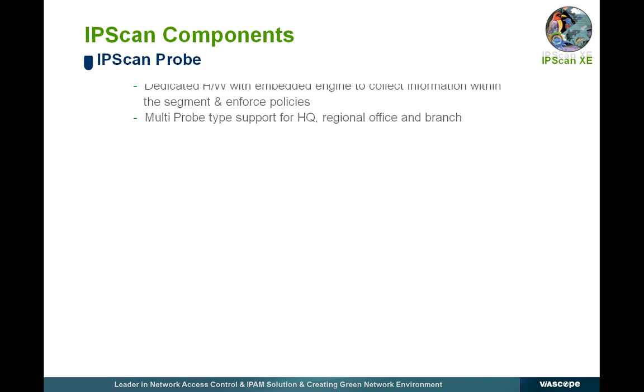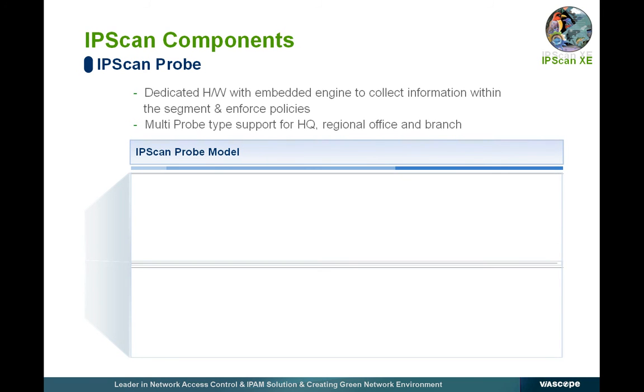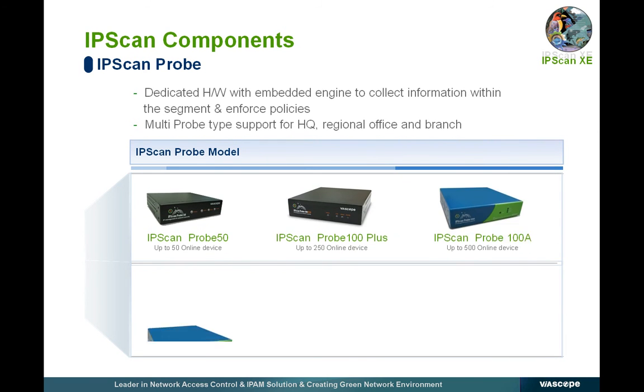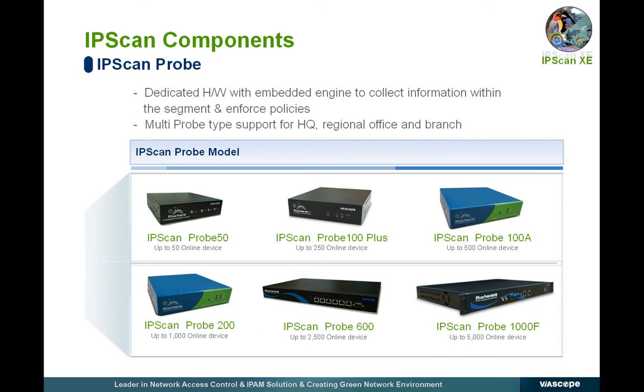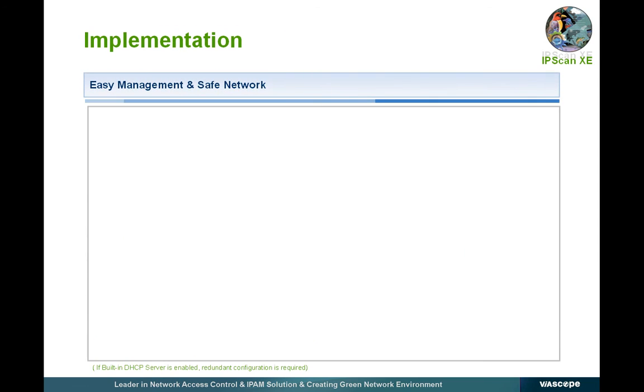The IPScan probe is released on the market in various models, from probe 50 to probe 1000F, providing a range of selection according to the user count of the active IPs. IPScan focuses on the convenience of the administrator from installation to management, and can be installed without additional change to the existing network configuration.